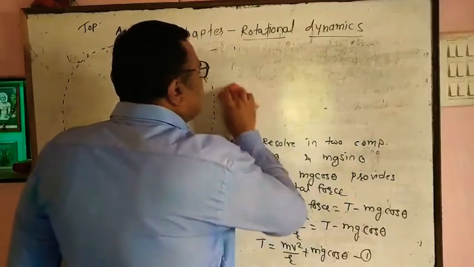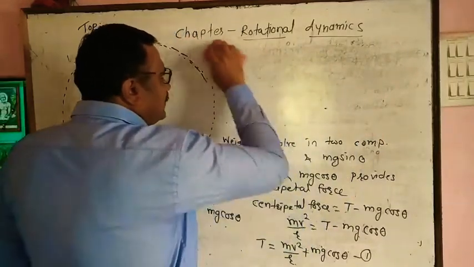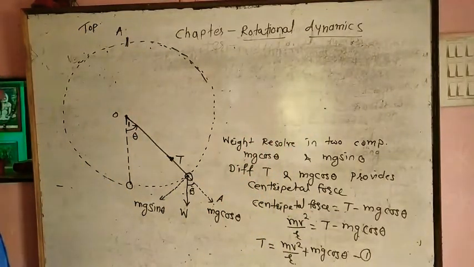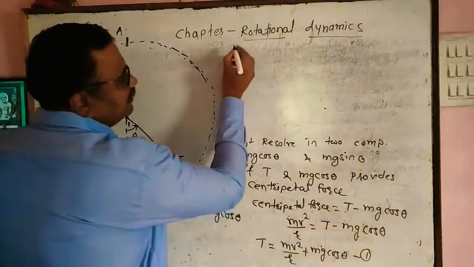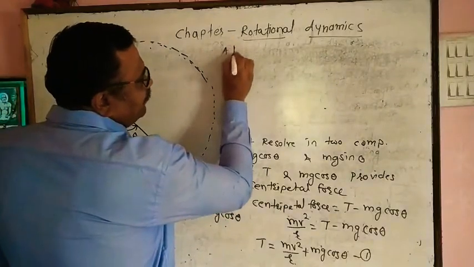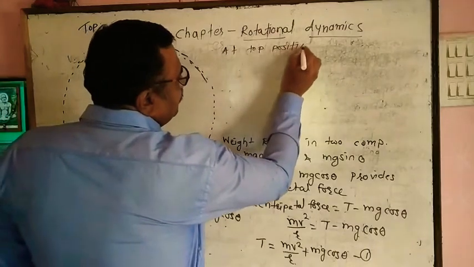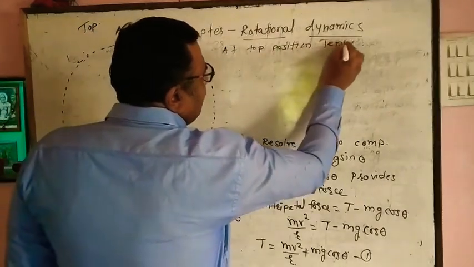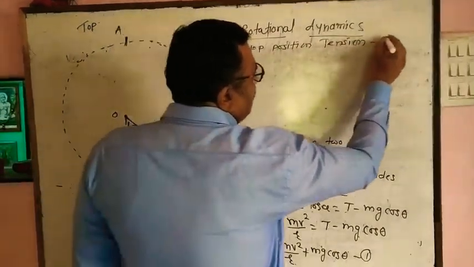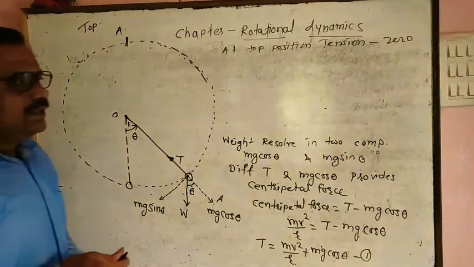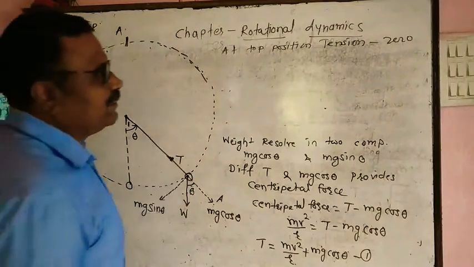In order to complete circular motion in a vertical plane, this string must be taut. At the top position, tension in the string must be 0.